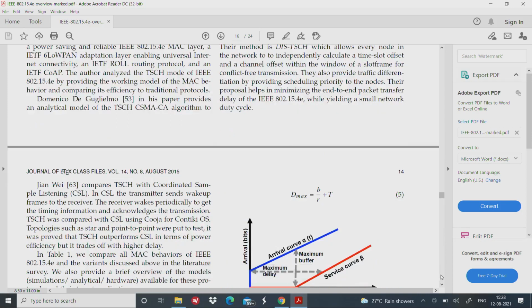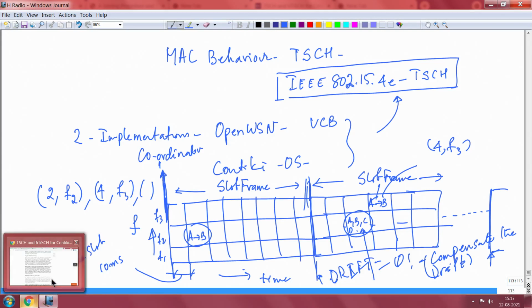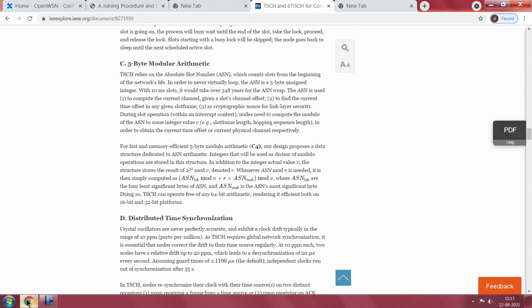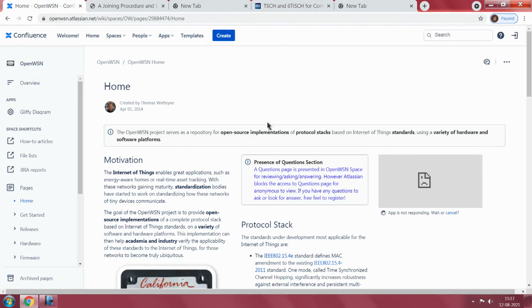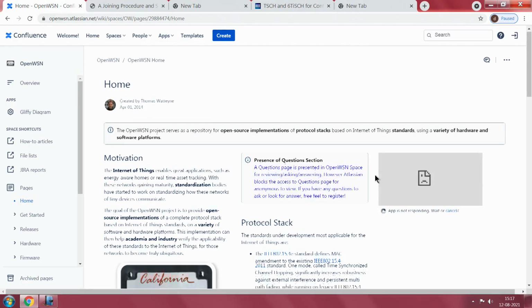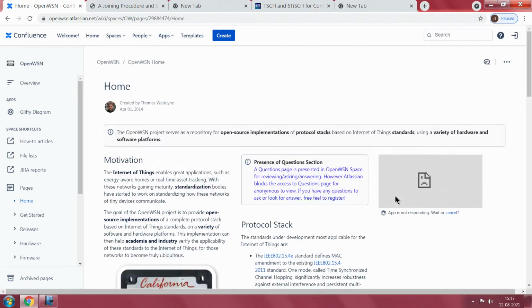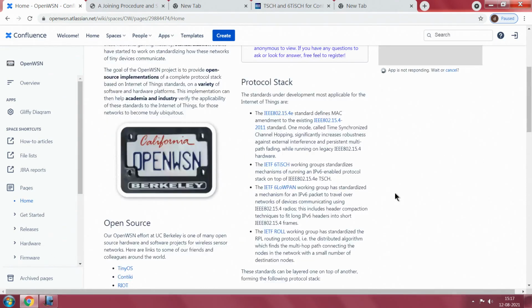So I mentioned to you what TSCH is all about. I want to point you to the OpenWSN work that has happened on the web. If you wish to work on 15.4e, here is a basic implementation.